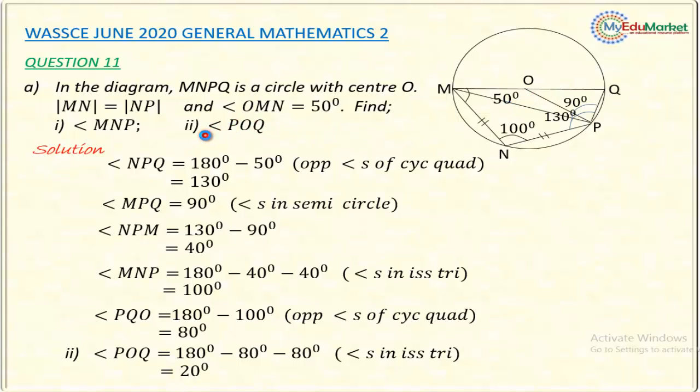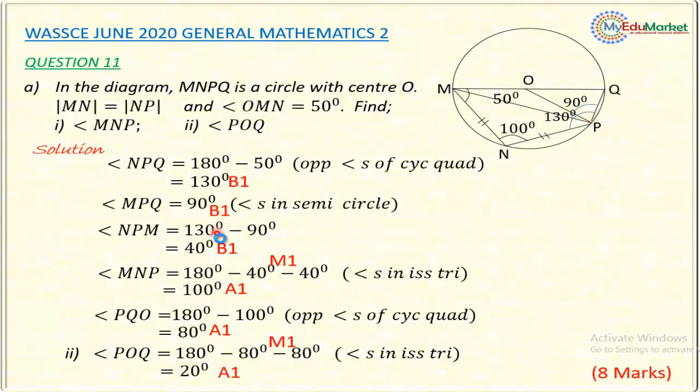So let us see the mark distribution of this question according to the official WAEC marking scheme. The first mark is the bonus 1 mark for getting angle 130 degrees, that is angle NPQ. Then the next mark is for getting angle 90 degrees, also a bonus 1 mark, that is the 90 degrees we obtained for angle MPQ.